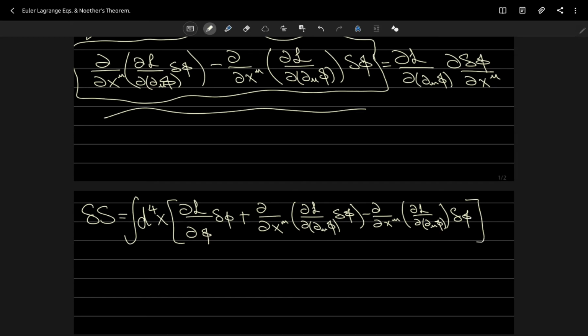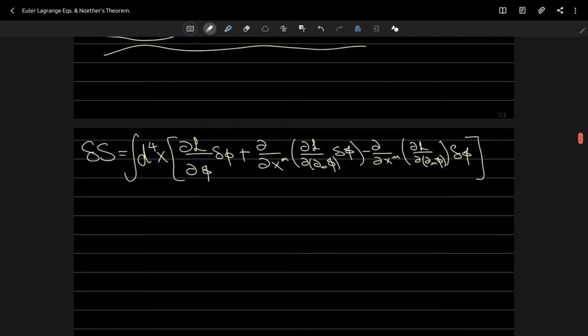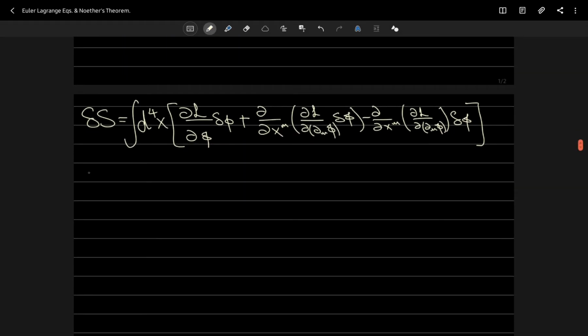Okay, now I will make some arrangements in this equation, and those are as follows. Well, we have this thing as it is. Let's consider this term, and let's also consider this one.